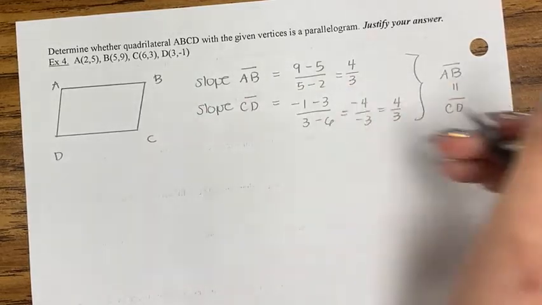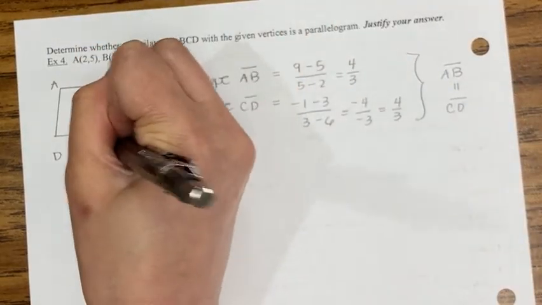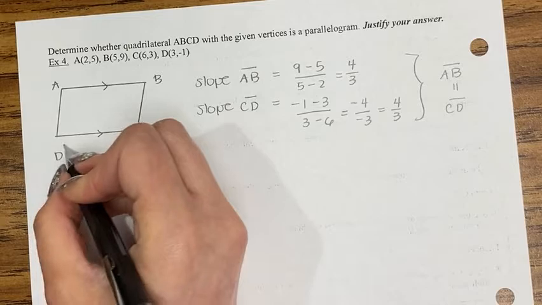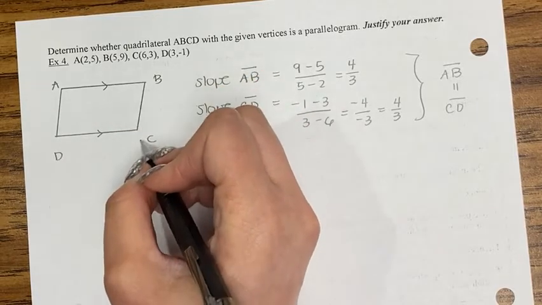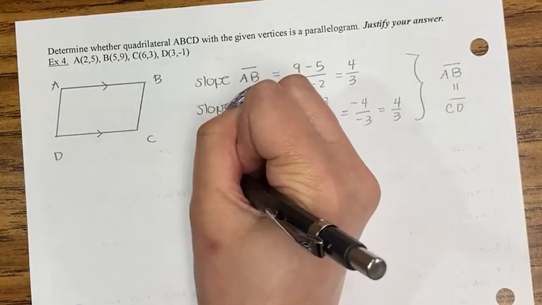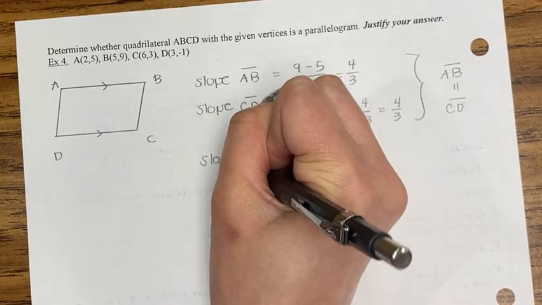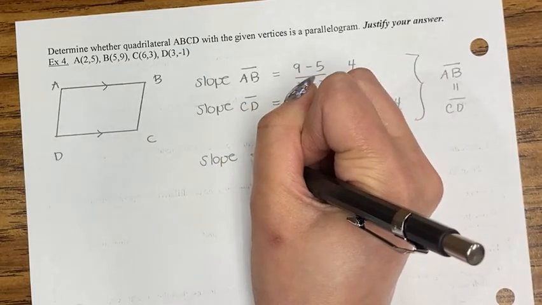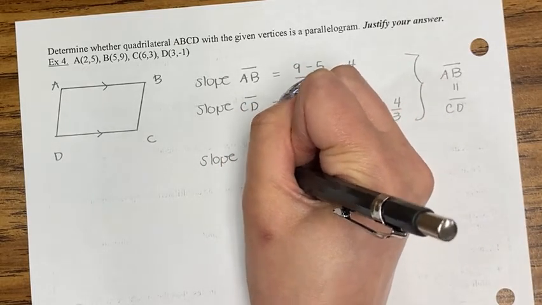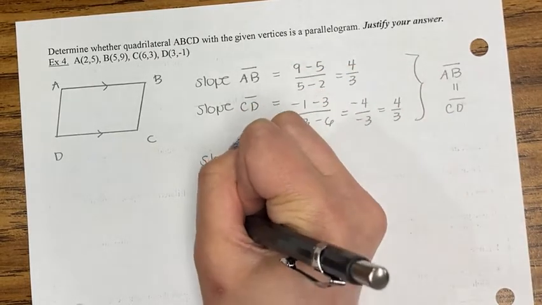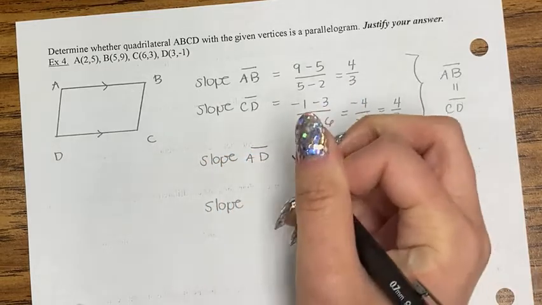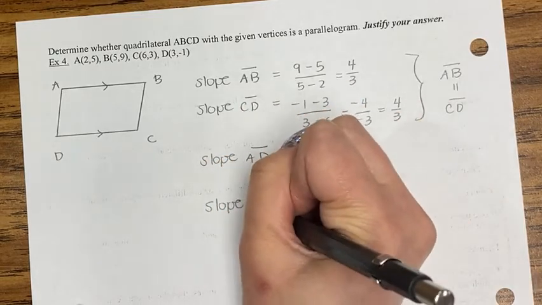Now, you do know that this is parallel to this. Now, we want to prove that AD is parallel to BC. For that, I need to compute the slope of what? We need to compute the slope of AD, and also the slope of BC.